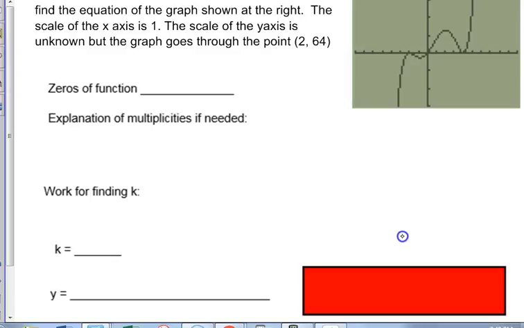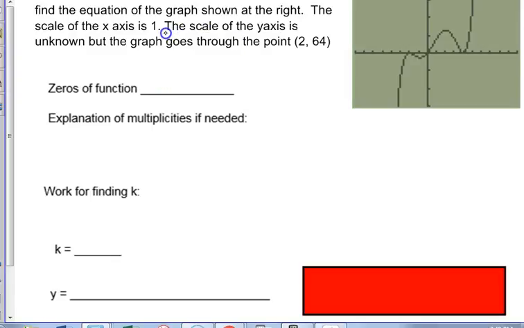And I'm not expecting a paragraph, okay? The graph bounces at -2 and +4, so it has even multiplicity, or it has multiplicity 2, is fine. It doesn't even have to be a complete sentence, okay? With that in mind, tell me what you can tell about the zeros of this.